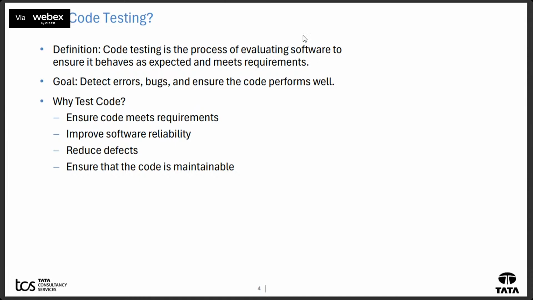The software would be evaluated for all those parameters and requirements. The end goal is to find all the deviations, fix the defects, and ensure that it meets the requirements well.